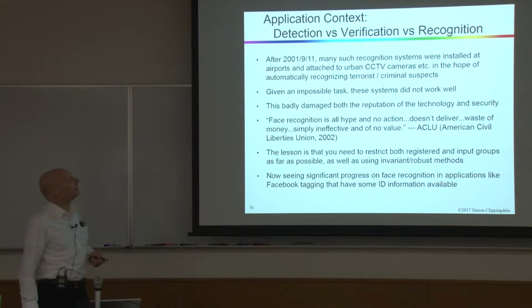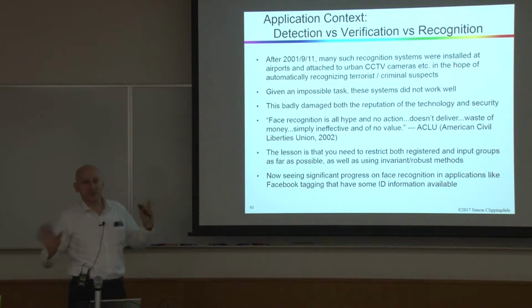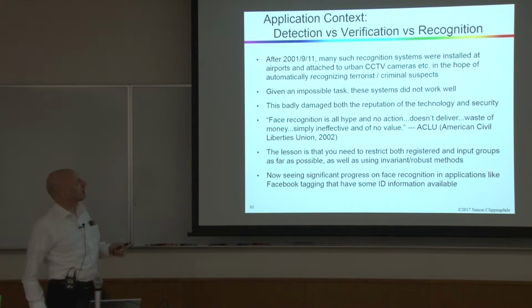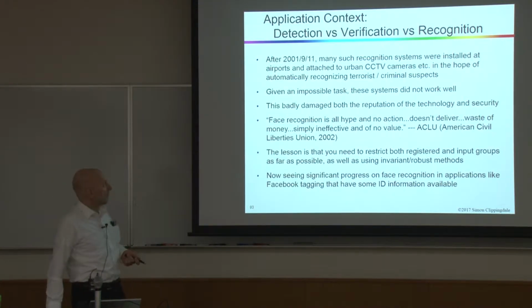This happened after the terrorist attacks in the US in 2001. A lot of airport management panicked and said, we've got to do something, anything, doesn't matter what, do something. And they installed face recognition systems in a lot of US airports, which companies were only too keen to sell them.